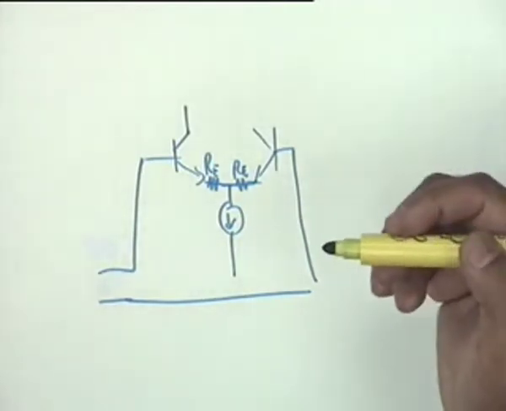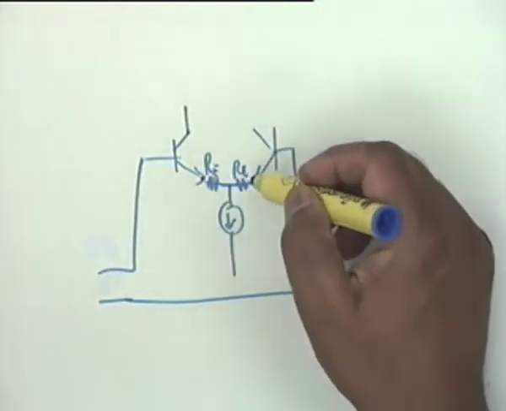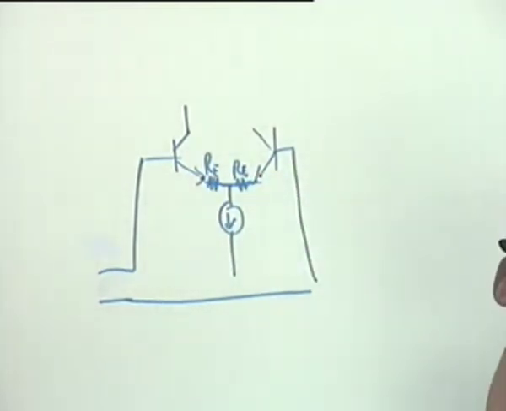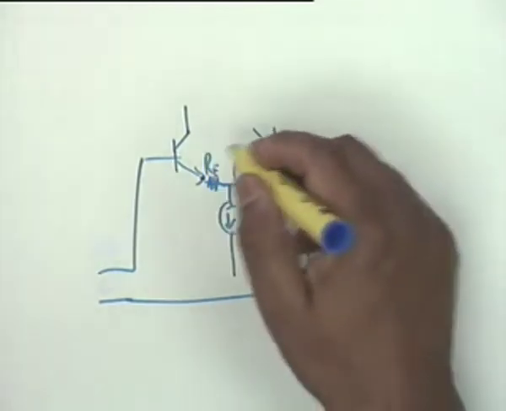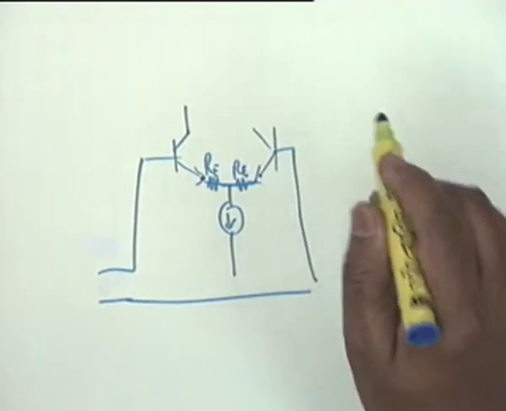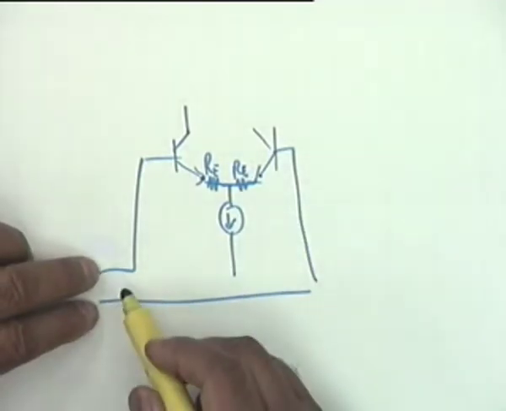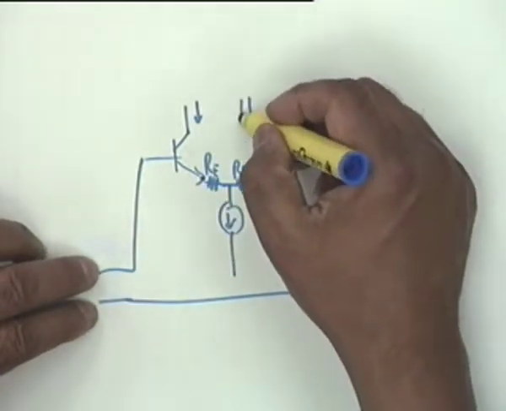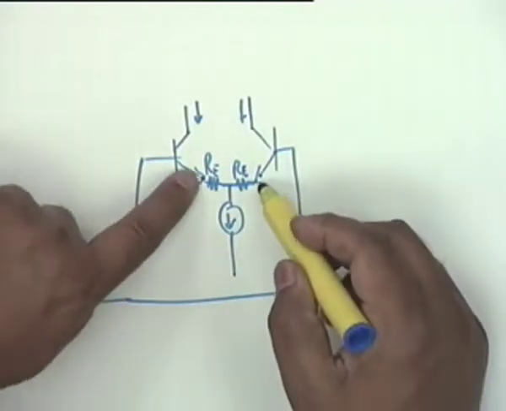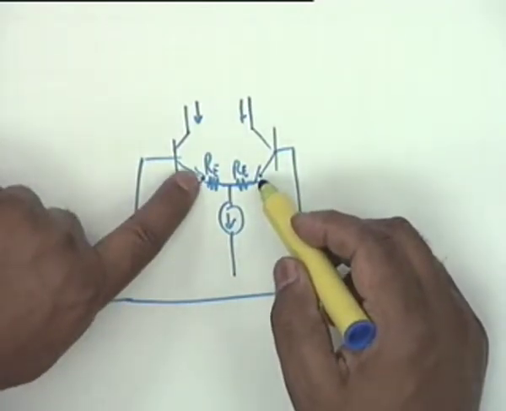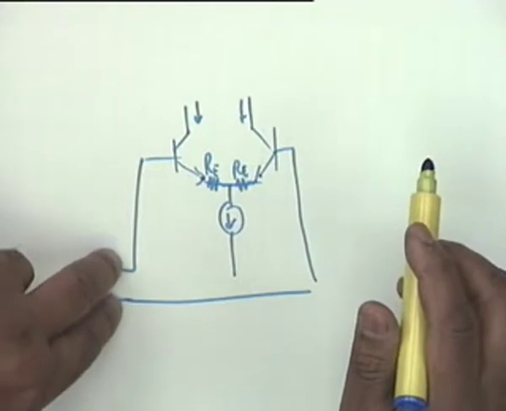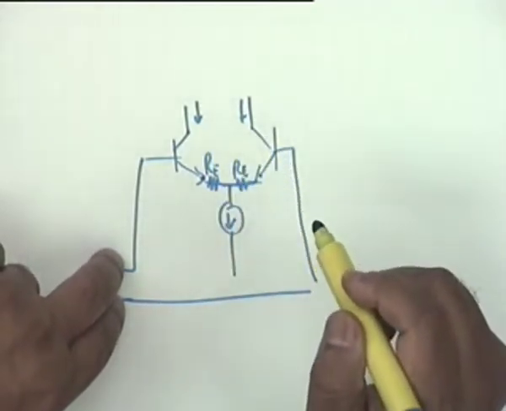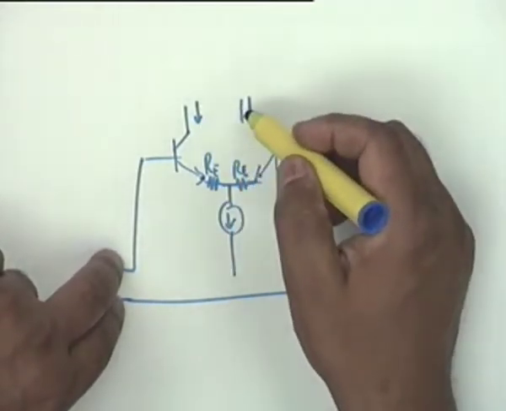And the voltage difference between these 2 emitters shall be proportional to the signal current. Agreed? The difference between the 2 collector currents. You see, application of voltage here will cause an unbalance between these 2 currents, and therefore it will cause a voltage difference between these 2 points. Basically, this is a voltage to current converter. All right, voltage to current converter.